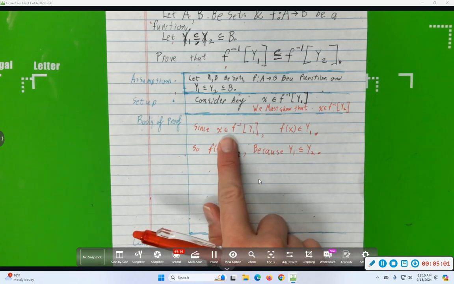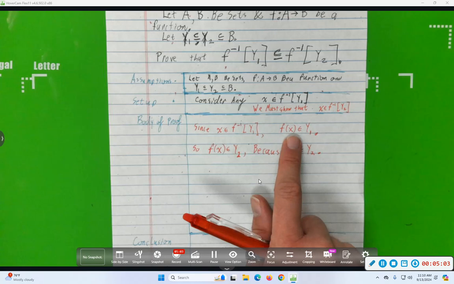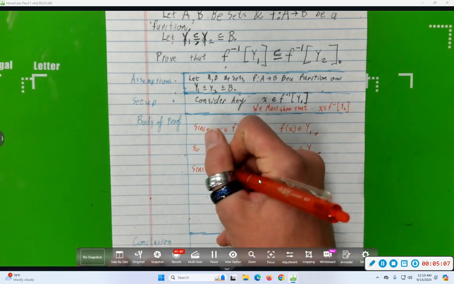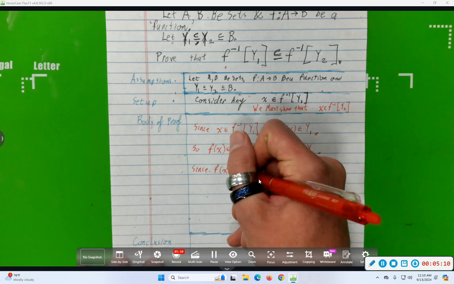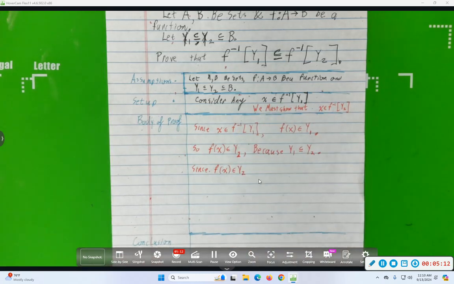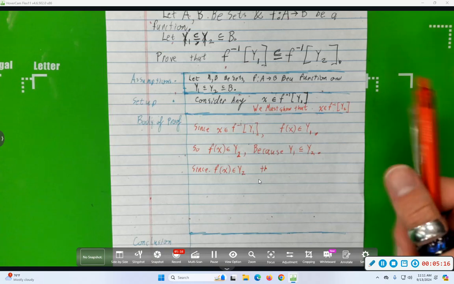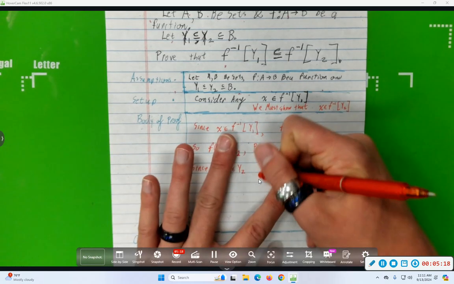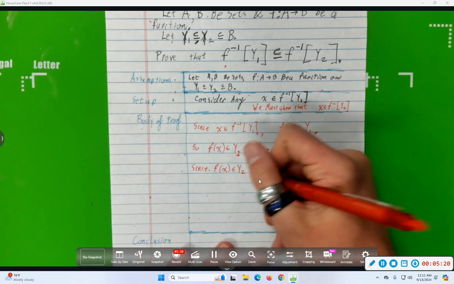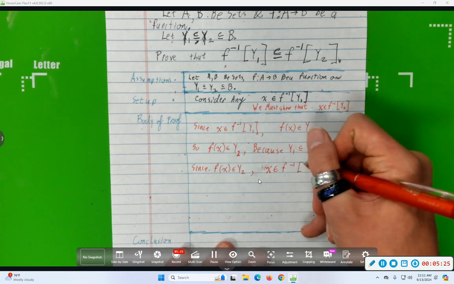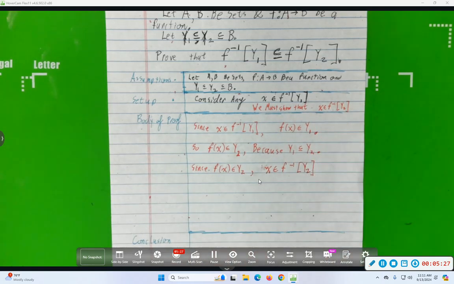When someone tells you x is in the preimage, that means f of x is in the set. If you know an output lands in a set, that x needs to be in the preimage. All right, that seems pretty good.